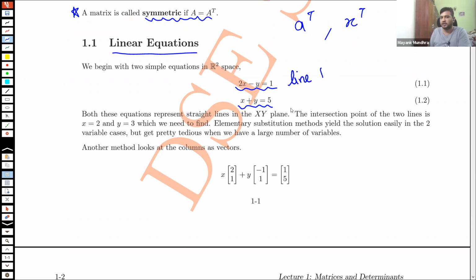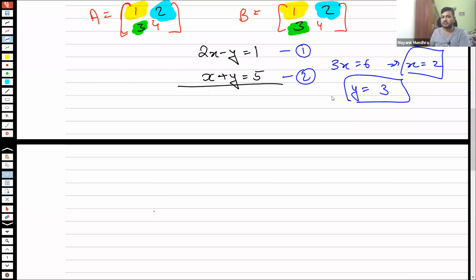So this is line 1 and this is line 2. If I were to draw these lines on the coordinate axis, then line 1 would be, when y is 0, x is equal to half. And when x is 0, y is equal to -1. So it would be this line.